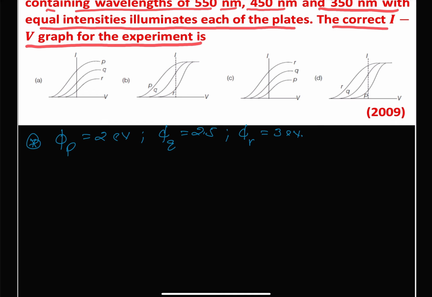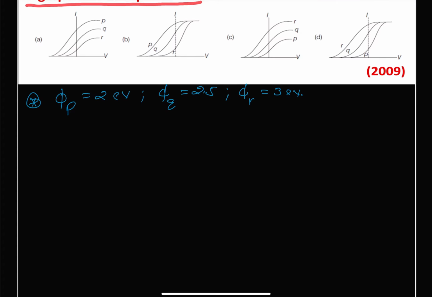Let us suppose they are lambda 1, lambda 2 and lambda 3. So for P, lambda 1 is 550, for Q, lambda 2 is 450, and for lambda 3 it is 350 nanometer.